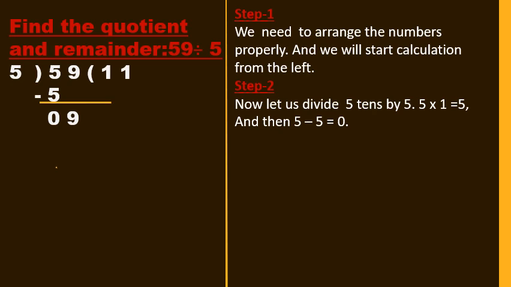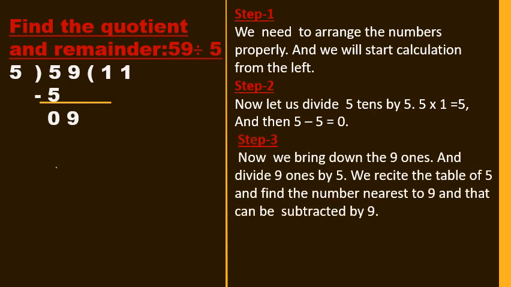So we are going to write 5 below the dividend in tens place. Okay. So now we know that 5 minus 5 gives us 0. Clear? So here the step 2 ended.